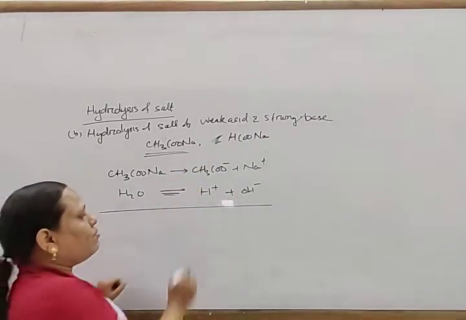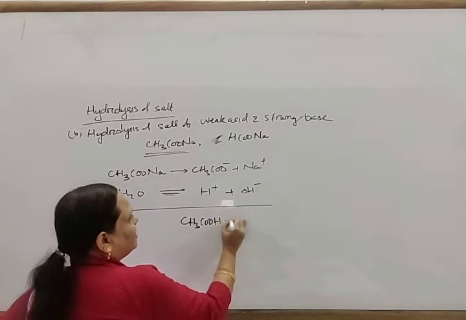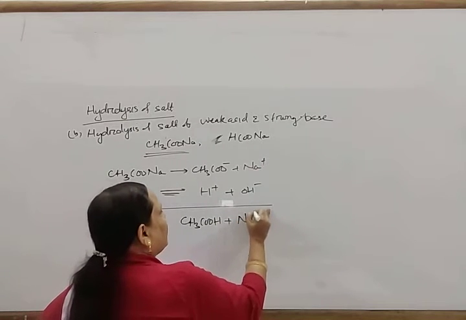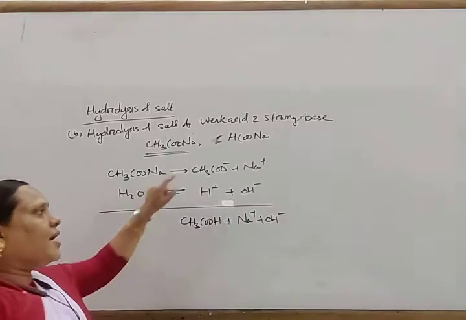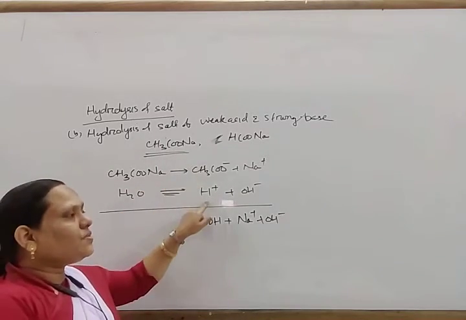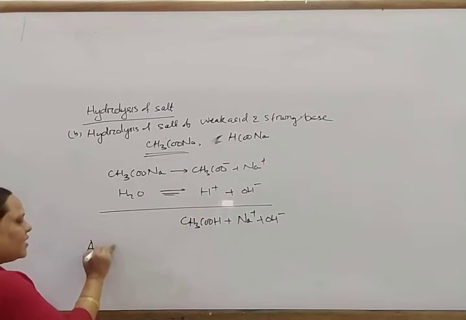So these two combine to give CH3COOH plus Na plus OH minus. Here the anion of the salt combines with the H plus ion of water. In this type of hydrolysis, the anion reacts.